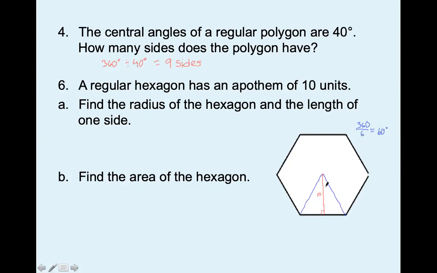Now some of you may have noticed if these angles are all 60 and I cut this into a little right triangle, it is now turned into a 30-60-90 triangle that hopefully we remember from last chapter, chapter 9, when we had special right triangles. So this angle up here is 30.